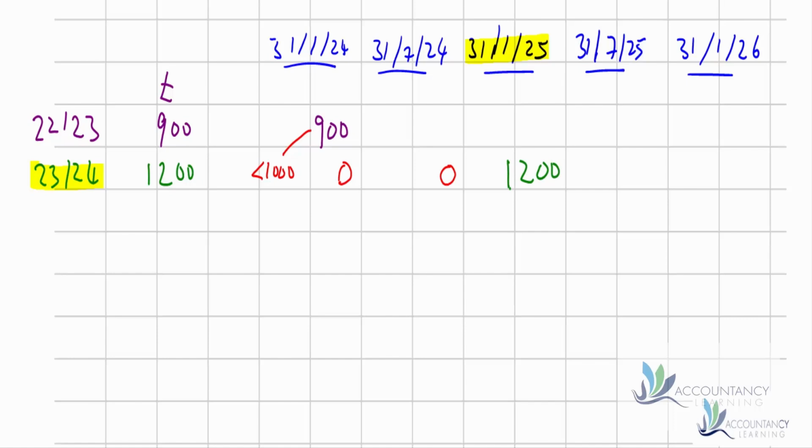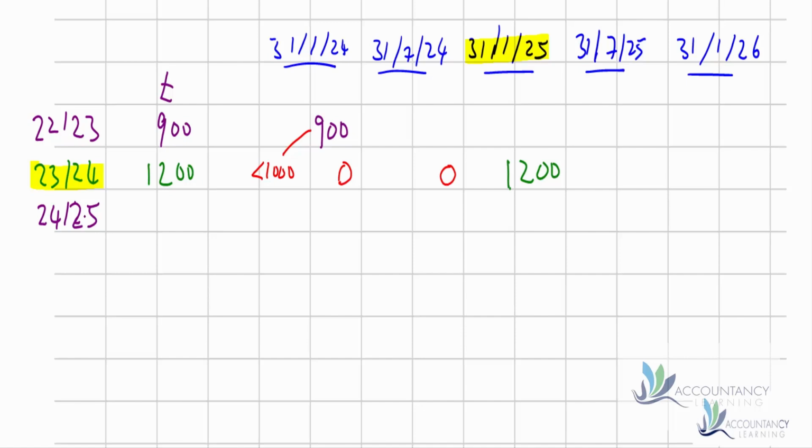Okay. Now we also need to take into account that in the next year, in the 24-25 year, I'm going to have some more tax to pay, and do I need to start paying some of that as well? So in this case, yeah, that 1,200 is greater than 1,000, so we do need to start paying towards the following year.